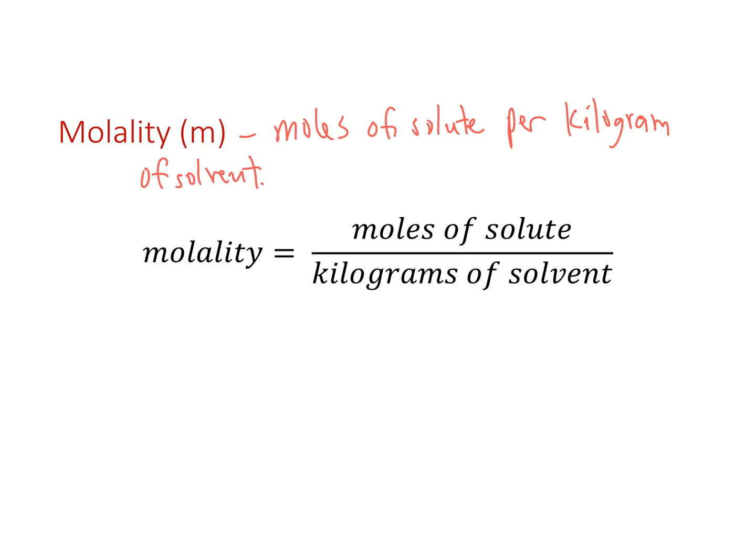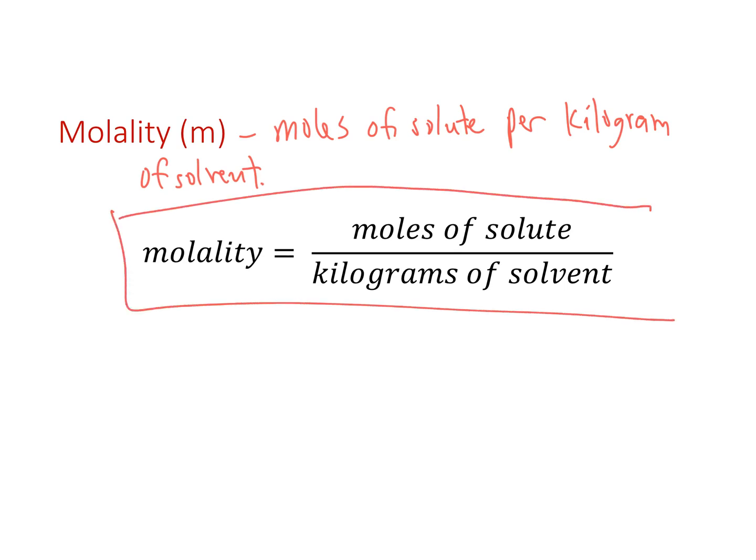And this is important because this gets us away from the dependence on volume. So my volume could change, and if my volume changes, as long as my mass of that solvent stays the same, my molality will stay the same as well. So molality, and that's lowercase m, equals the moles of solute divided by kilograms of solvent.